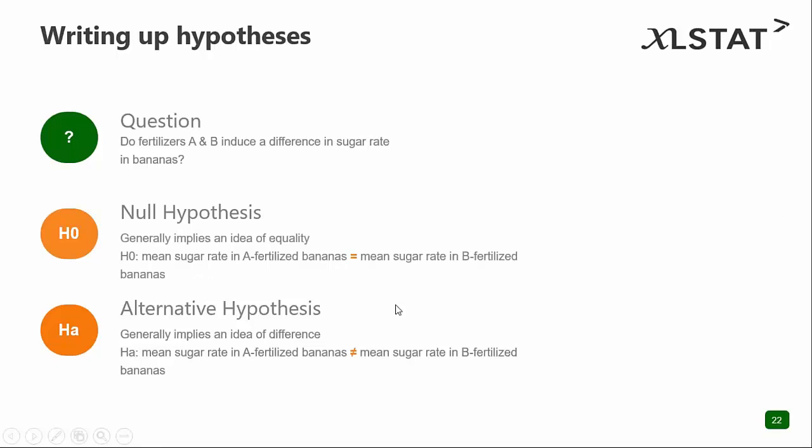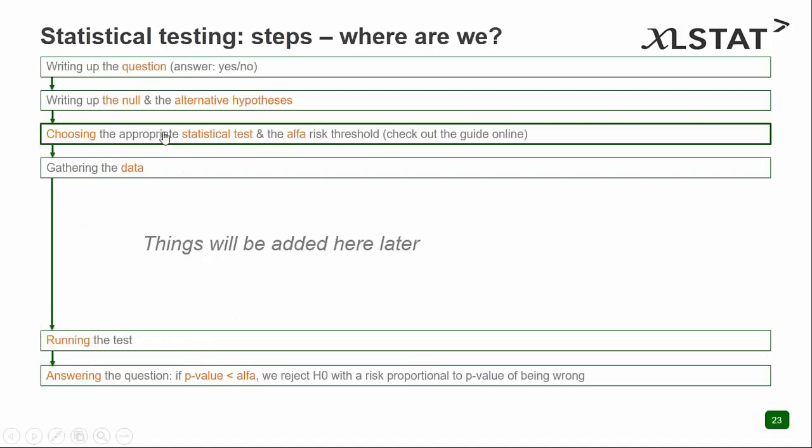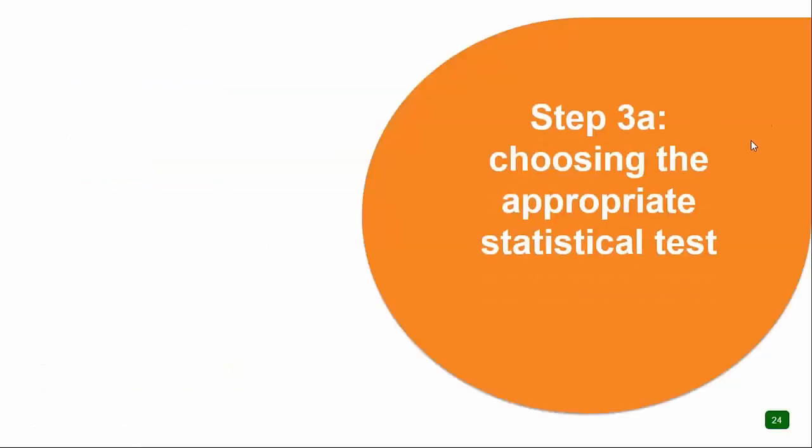So where are we so far? Here we are. So we have written the question and the hypotheses. Now it's time to choose the appropriate statistical test to address those hypotheses, as well as the alpha risk threshold. So what are we doing basically?